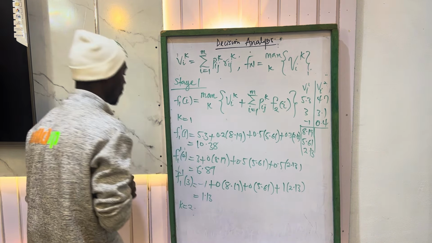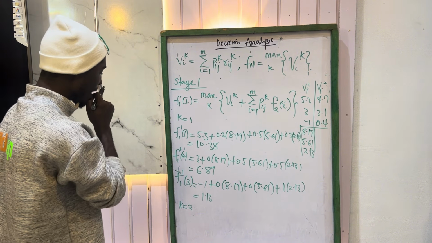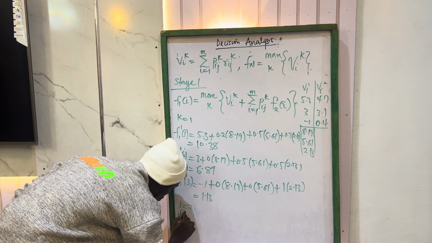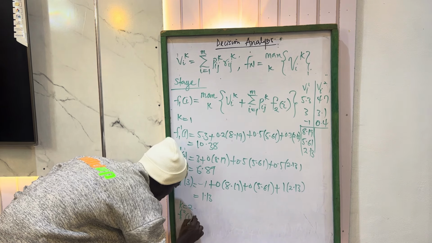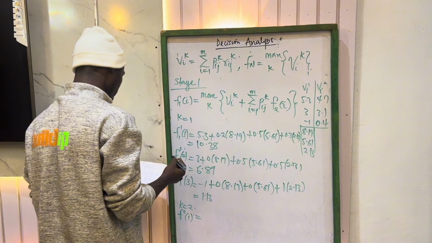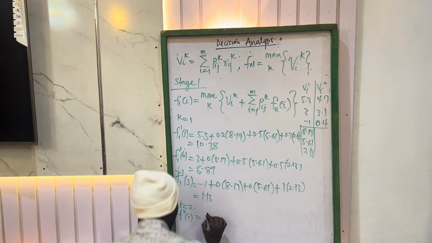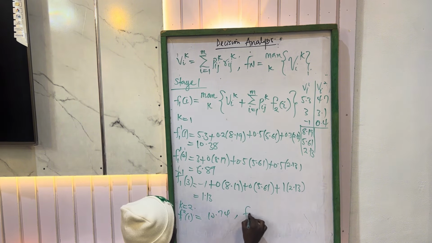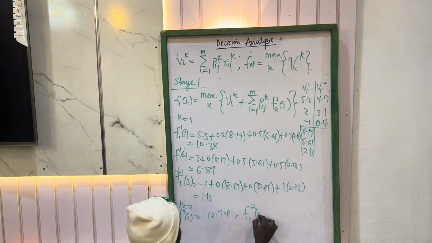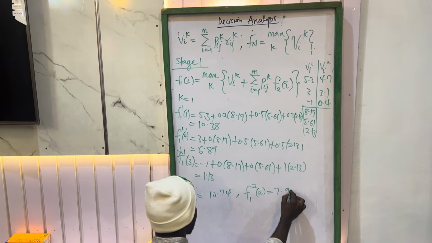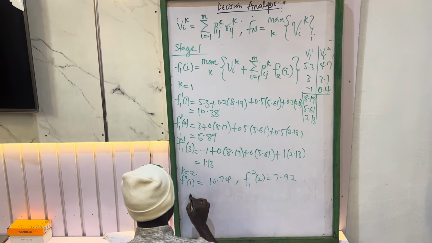K equals 2. When K equals 2, that is F1 2 of 1. The same process, the same thing I've been doing, then I'll just populate the values for you. So we have 10.74. F1 2 of 2 is equal to 7.92.